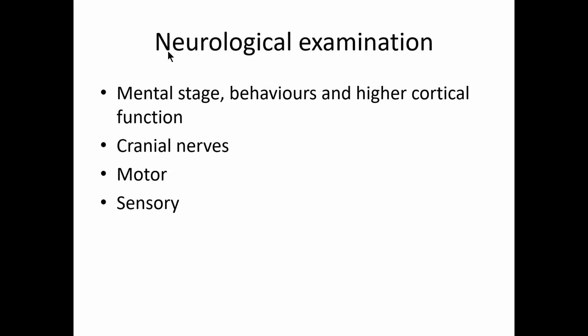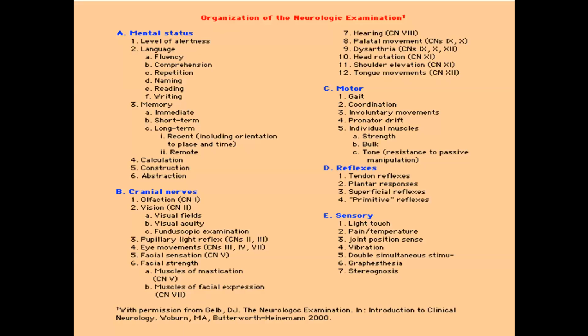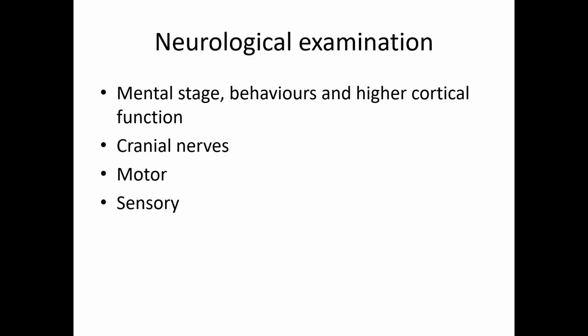And the motor is, as you know, gait and weakness. That's easy. And sensory, you can just touch with a pinprick. You can probably test the vibration sensation. But the most important, I would say, is touch. So it's also easy. Remember only these four main topics: mental state, cranial nerves, motor, and sensory.